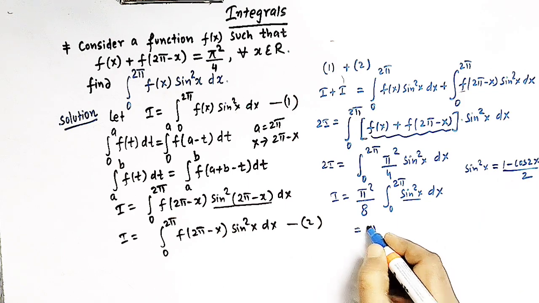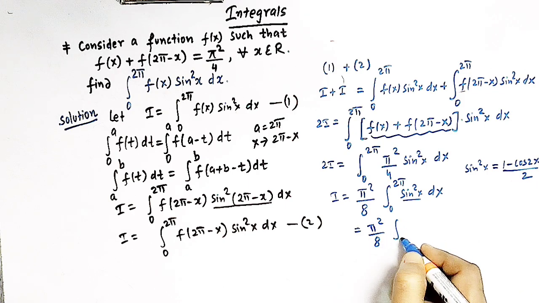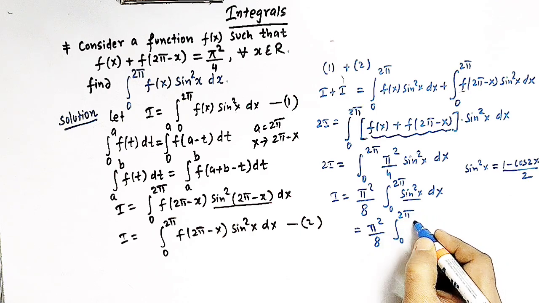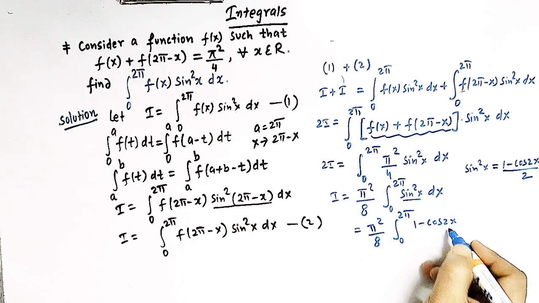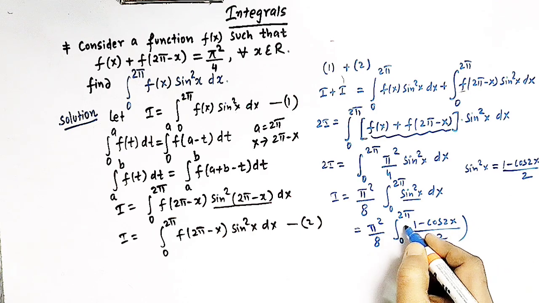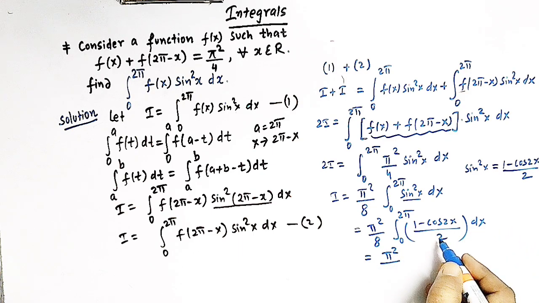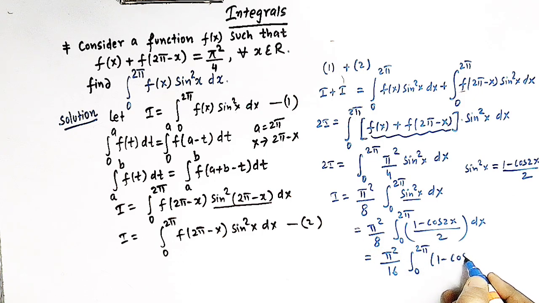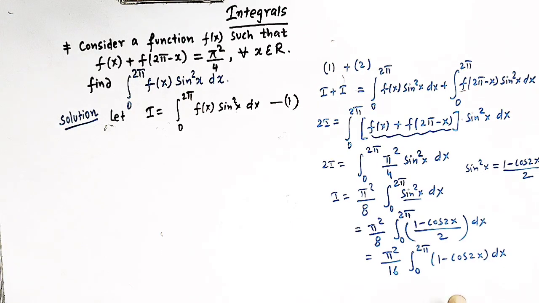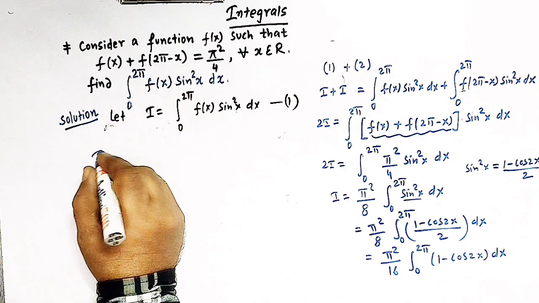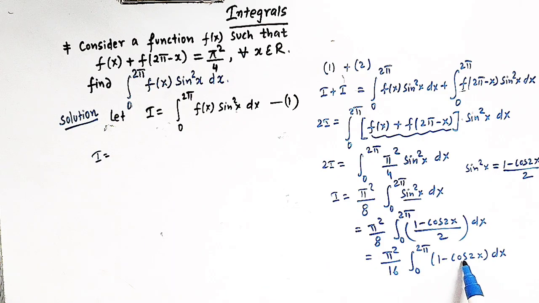So we have pi square over 8 times the integral from 0 to 2 pi of (1 minus cos 2x) over 2 dx. Taking this 2 outside the integral, we have pi square over 16 times the integral from 0 to 2 pi of 1 minus cos 2x dx. Now we can easily integrate 1 minus cos 2x.